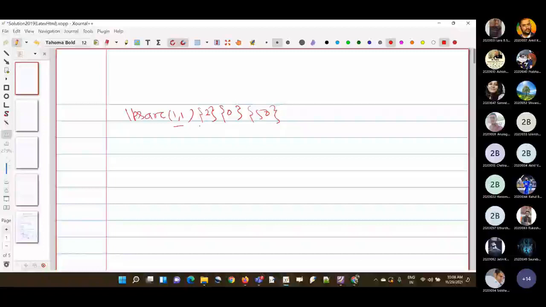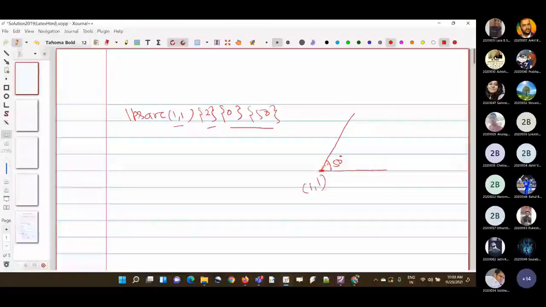Suppose this is the origin in a Cartesian plane, and this is the line at 50 degree. The center is either 0 0 or 1 1, it doesn't matter. On this side we have theta equals 0, and here theta equals 50.